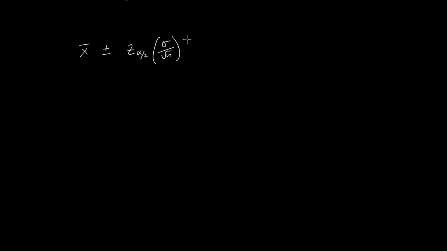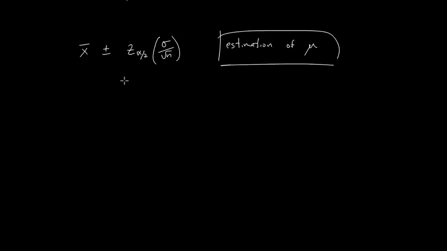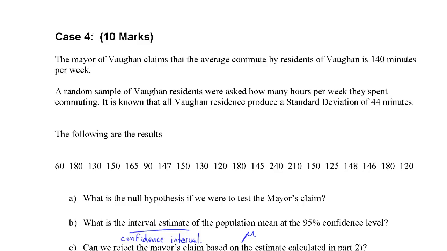This is my estimation formula of an unknown population mean. Now this requires that I know a few things. First of all, you can see that we have to have the population standard deviation, and I believe they gave that to us, so let's go back and check it out. And they show us here that it's a population standard deviation of 44 minutes. So we have that information.